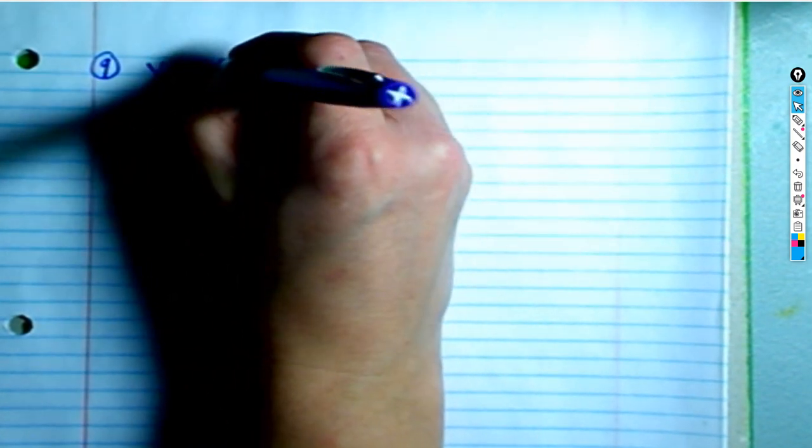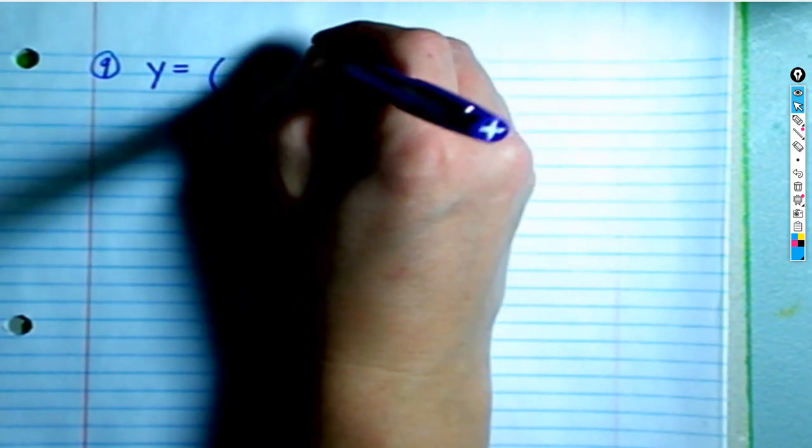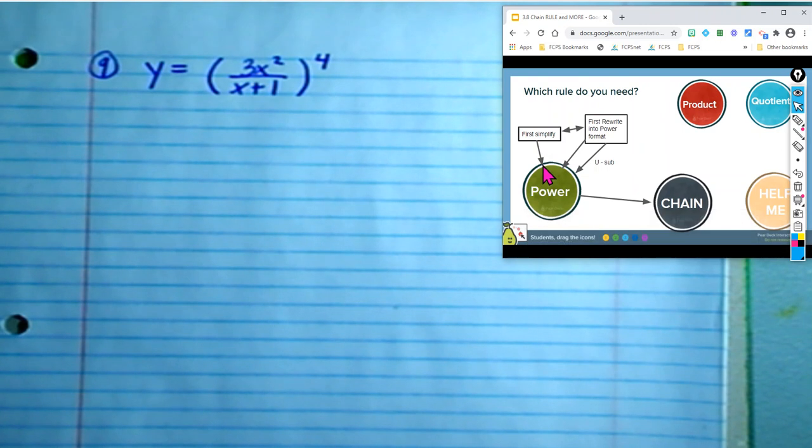Y equals big ol' grouping symbols. 3x squared over x plus 1 to the 4th power. Okay. Because you have this outside power, that's what's giving you the chain rule. And as I think about all these things we've learned, I need to look at, can I simplify it? No, there's no division that I can simplify. Is everything that you see in power format? Yes.